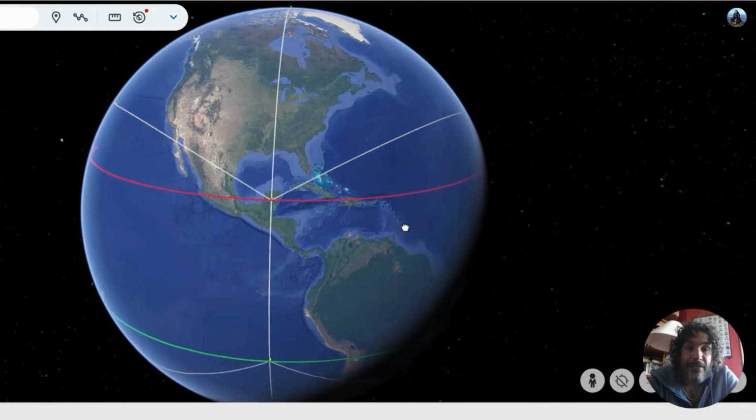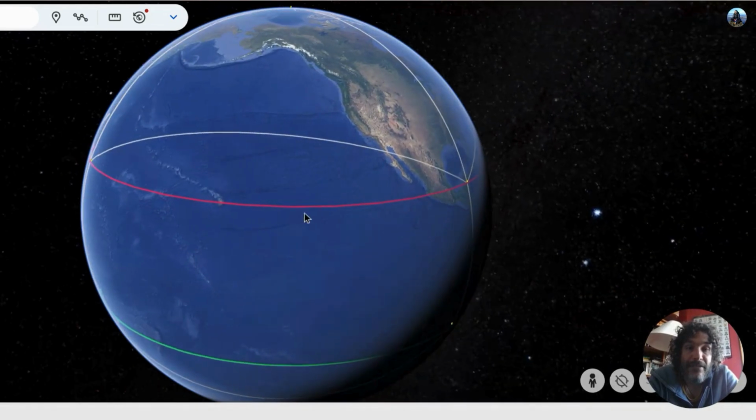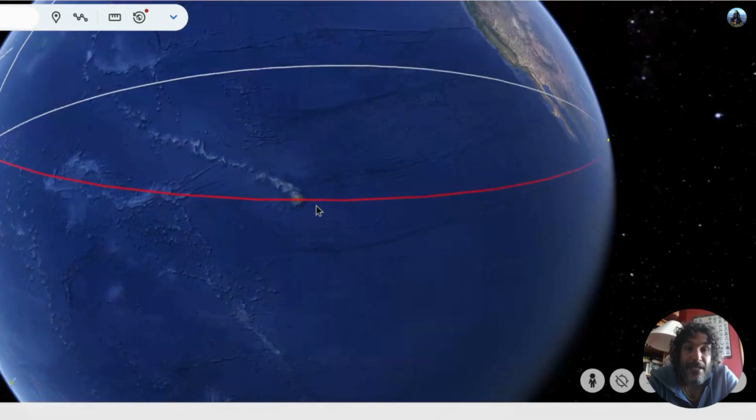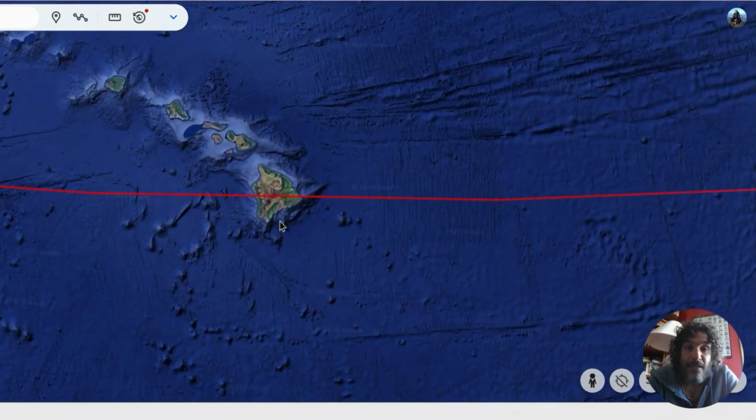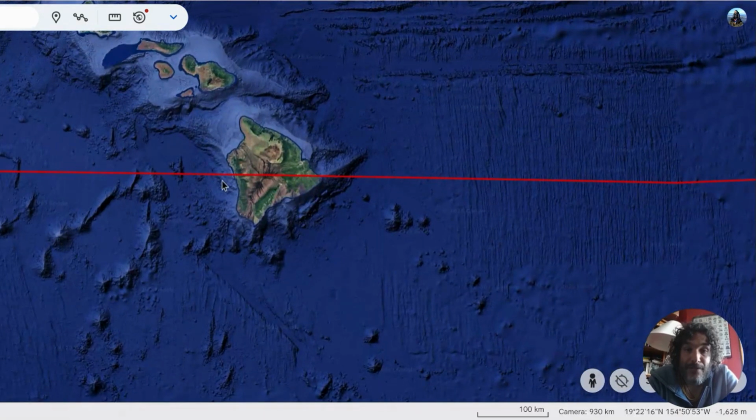And lately there was a volcanic eruption in Hawaii, and as you can see, the red line is passing through this island.